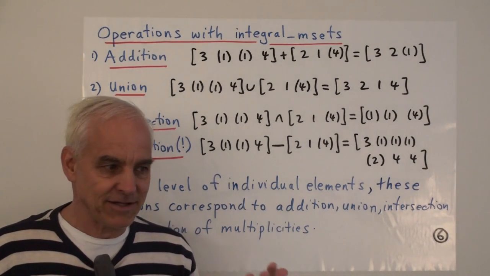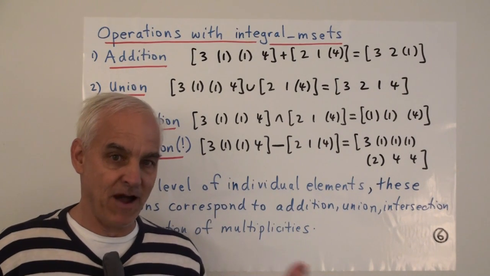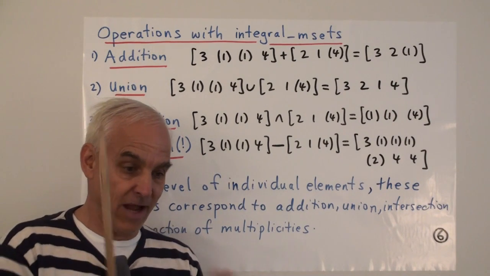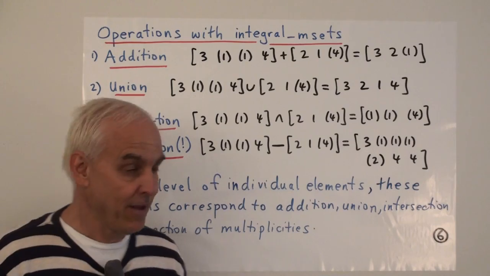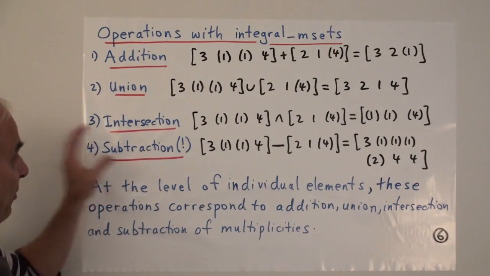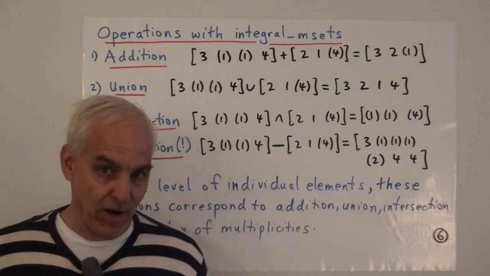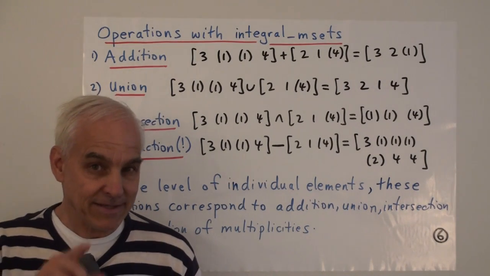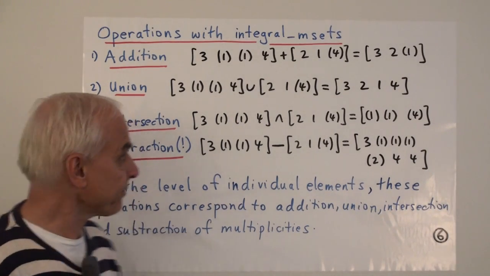You can not just subtract like 5 minus 3, but you can also subtract 5 minus 27. That doesn't bother you. You don't have to fuss around about whether the numbers are in the right range. You can always subtract. So similarly, now we're in a position of being able to subtract Msets if we're in this realm of integral Msets. And that's exactly what we're going to need for the inclusion-exclusion theorem.